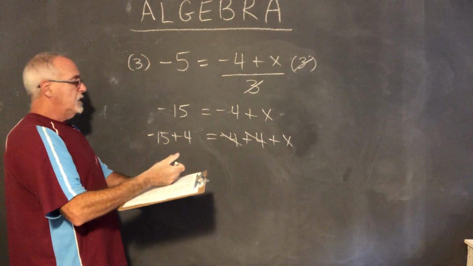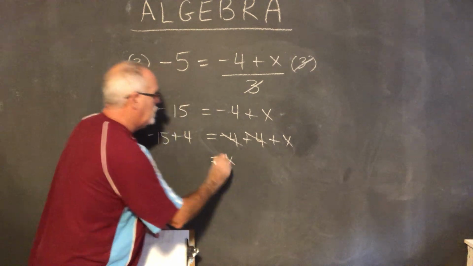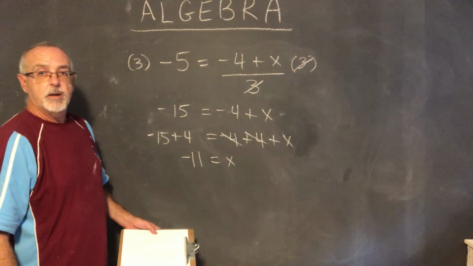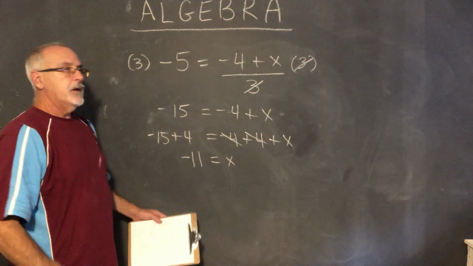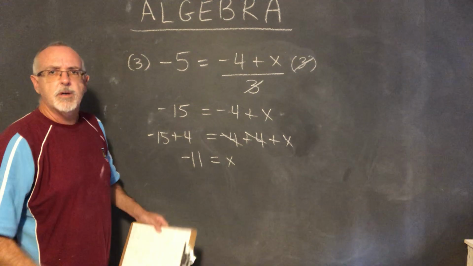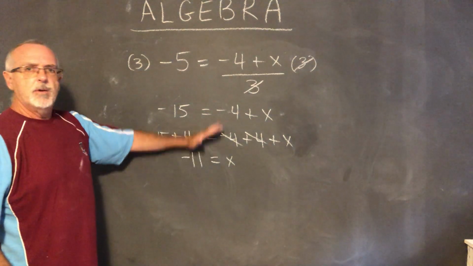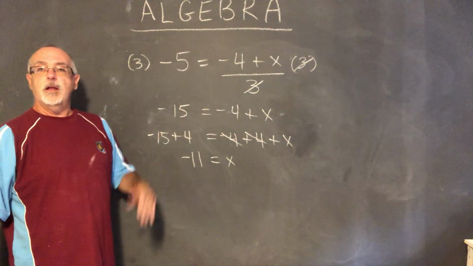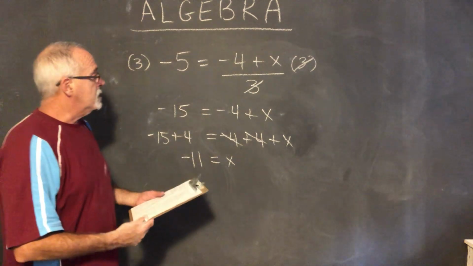My x is alone. Negative 15 plus 4 is negative 11. Apply your laws of signs. Be careful. Negative 15 degrees on the thermometer: if it got 4 degrees warmer, yeah, that works. The thermometer works a lot with addition and subtraction with negative numbers. So my answer is negative 11 equals x, and that's just as good as saying x equals negative 11.